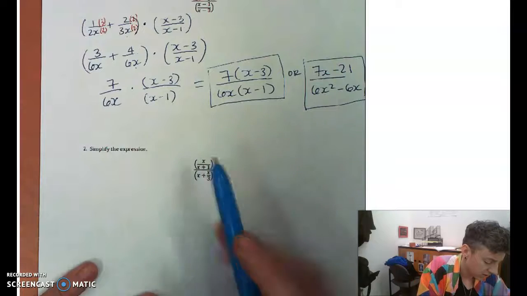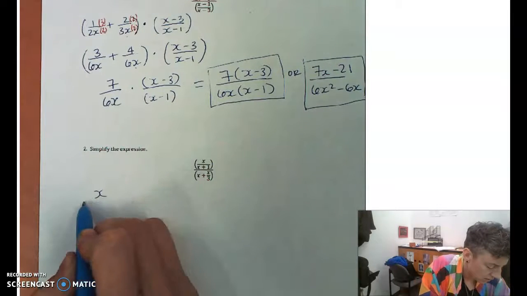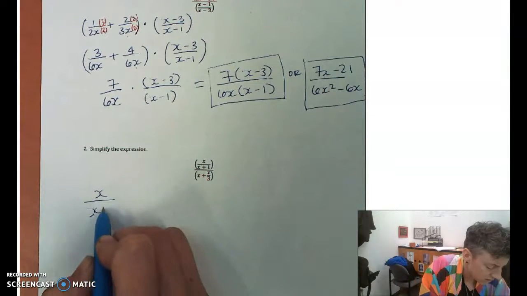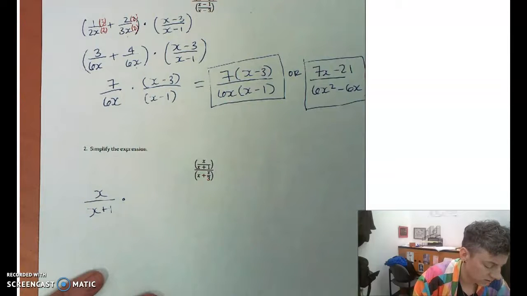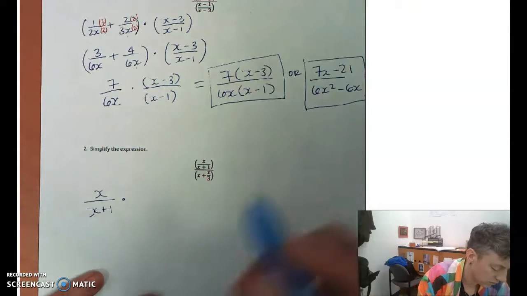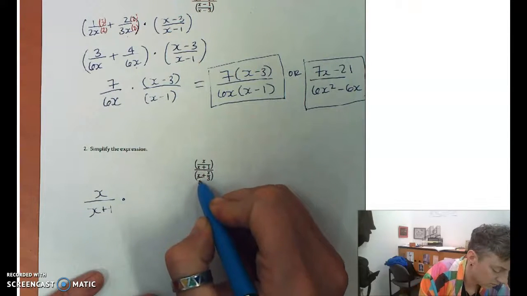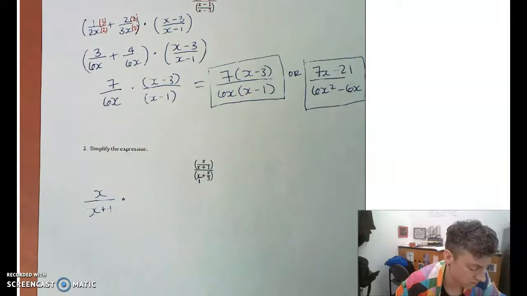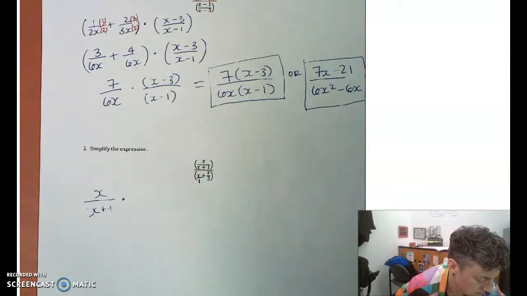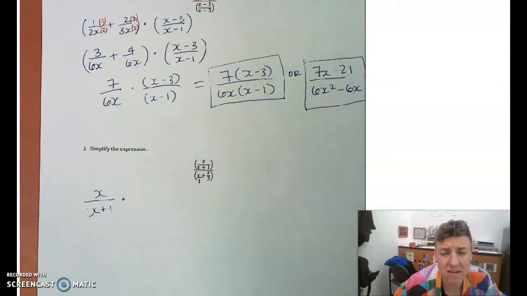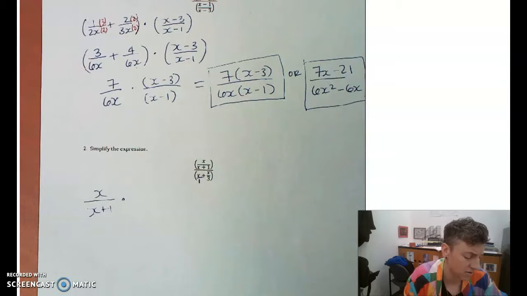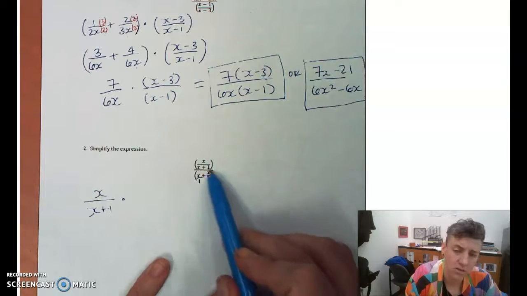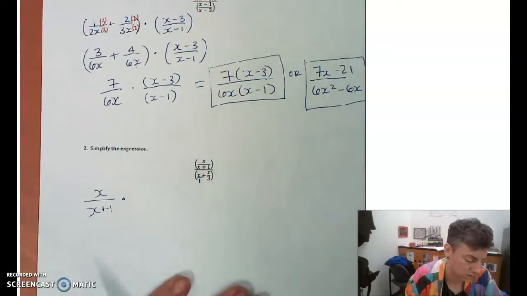So let's take our numerator, x over x plus 1, multiply by the reciprocal of the bottom. It's like x over 1. What? I don't even know what that is. It's two fractions being added together.